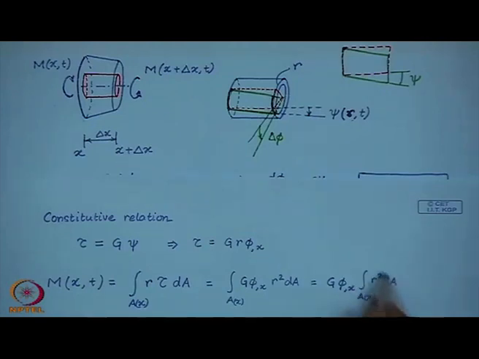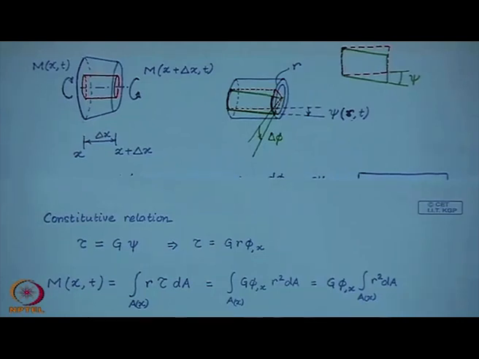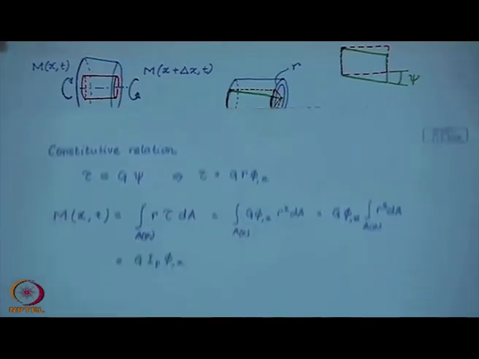And we can easily identify this integral as the polar moment of the area. So, now I have related the torque at any cross section in terms of my displacement, the torsional displacement.